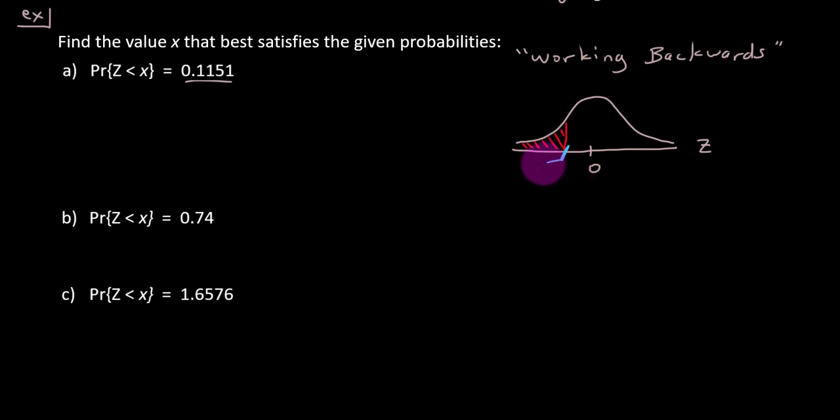We want to find the value that would go on that axis such that to the left of it would be the area that is known, 0.1151. This is working backwards. We're going to use the table, but we're going to look inside the body of the table for 0.1151. Let's roll.